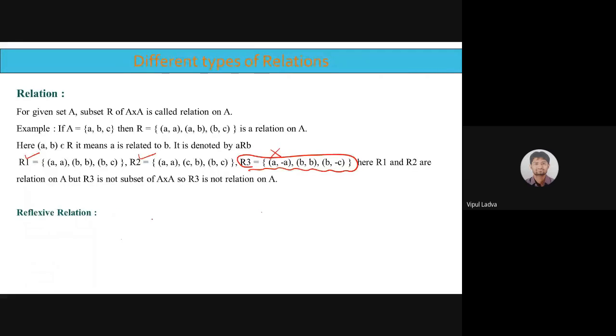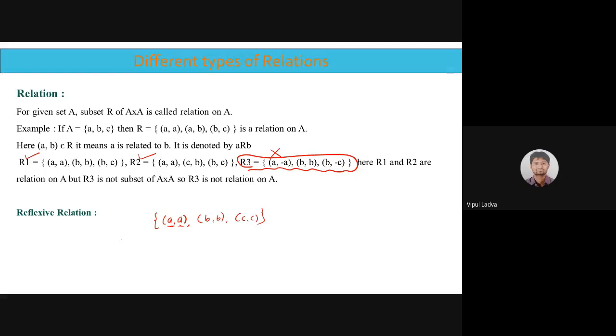If in the relation I'm having elements like (A,A), (B,B), (C,C), that means an element is related with itself, then such a relation will be known as a reflexive relation.